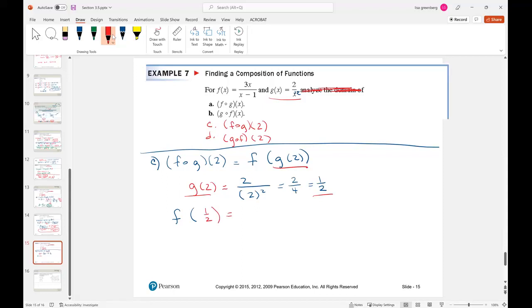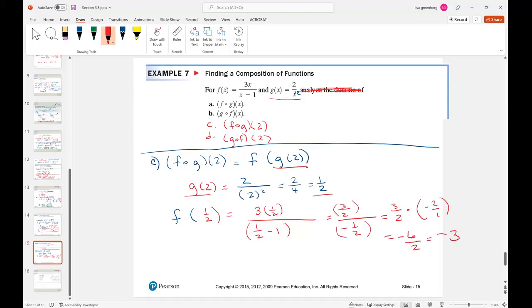And that's going to equal 3 times 1/2 over 1/2 minus 1, which is equal to 3/2 over negative 1/2. I keep, change, flip, and I get negative 6 over 2, which equals negative 3.